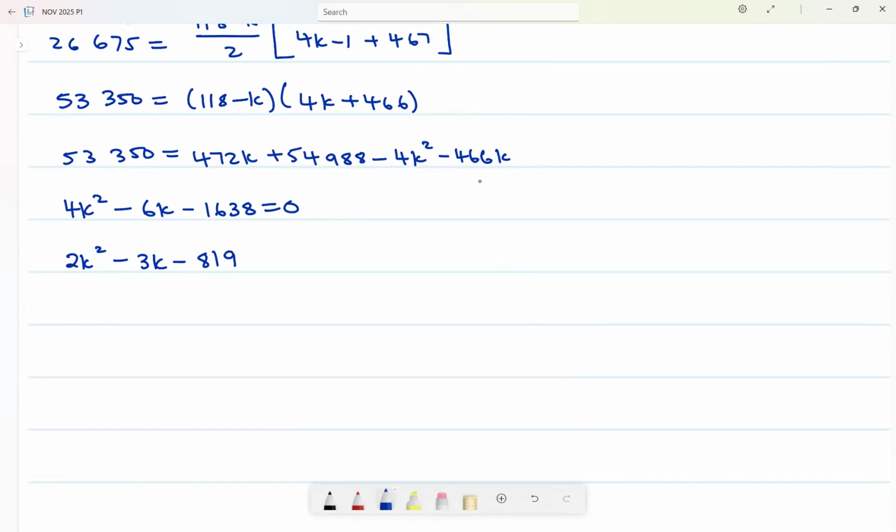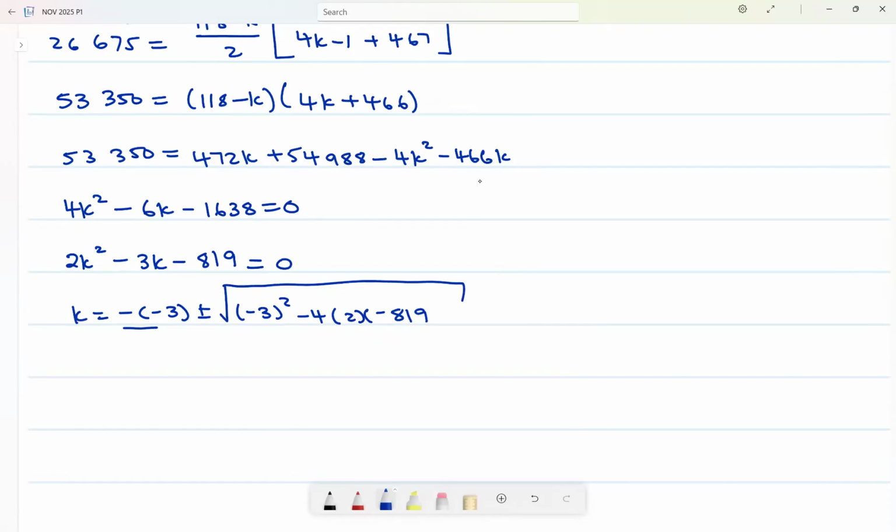Let's use the quadratic formula. K is equal to negative b plus or minus the square root of b squared minus 4ac, all divided by 2a, where c is negative 819. Let's see if our calculator can help us in this case.